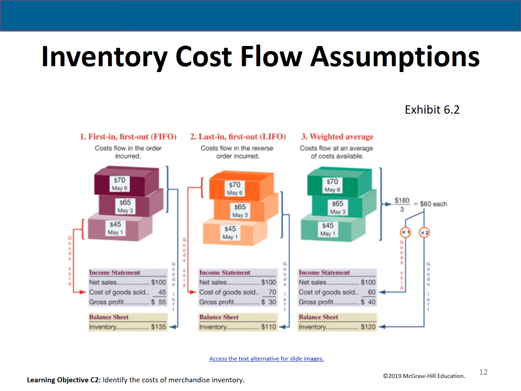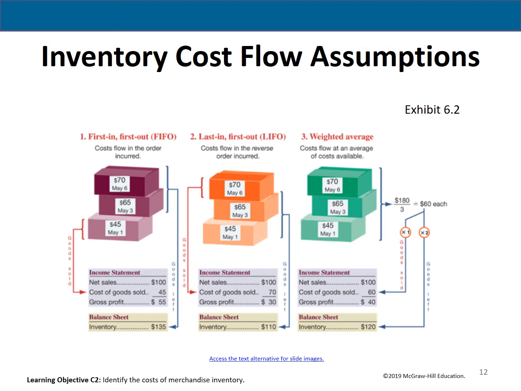So I sold something charging the customer $100. The last item I bought that I sold here for the $100 cost me $70. So that's the amount I'm going to debit cost of goods sold for and credit inventory. Take a look. When you subtract that now, look at that gross profit, $30. So FIFO, your gross profit is $55. LIFO, it's 30.